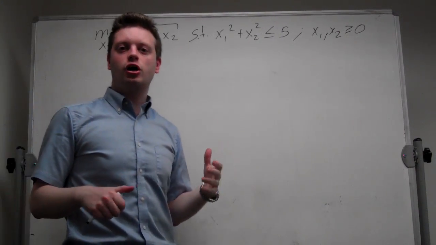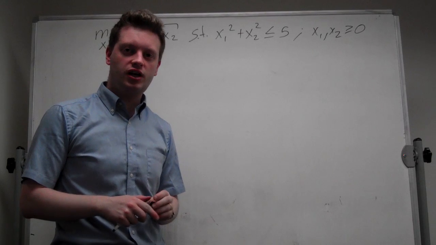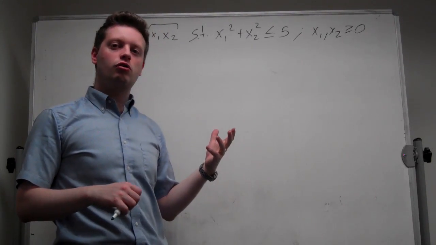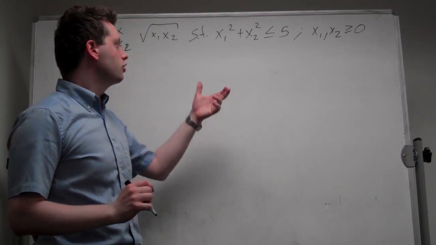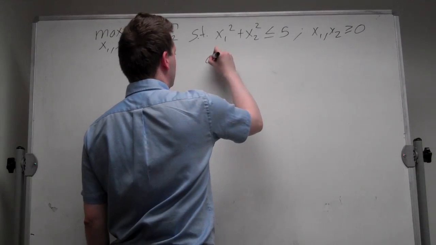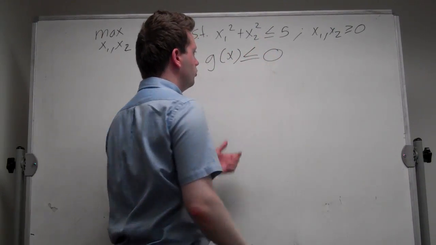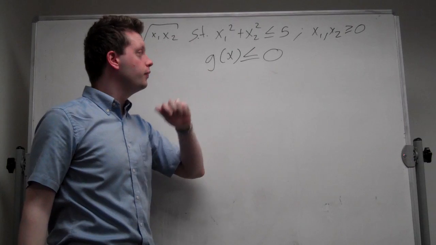Now before we actually optimize, we need to check the constraint qualification, for which we need to put the constraints into the correct form. The correct form of a constraint is g of x is less than or equal to 0, where g of x is the constraint.